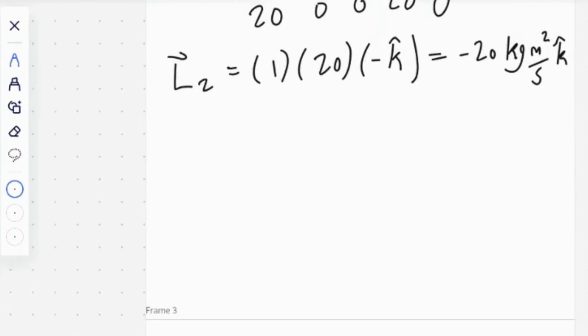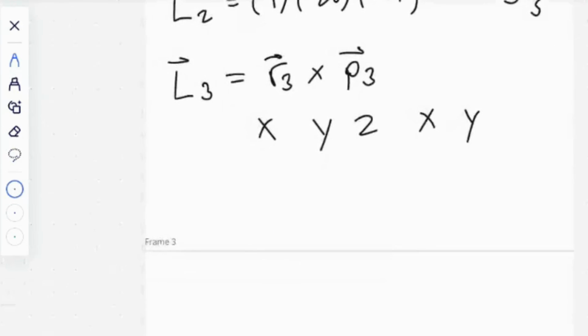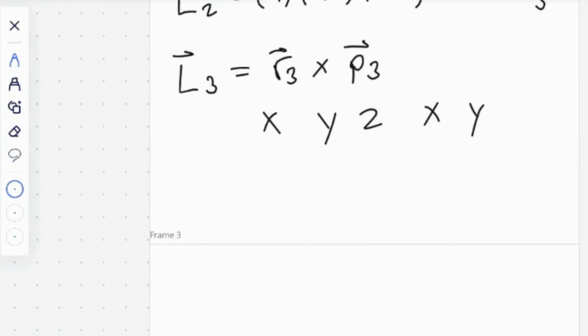So now we just got to do the last one. Okay, so for the position of 3, we had 2 and minus 2. and the linear momentum was just 3.